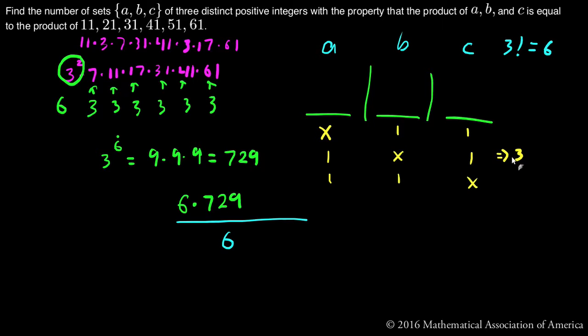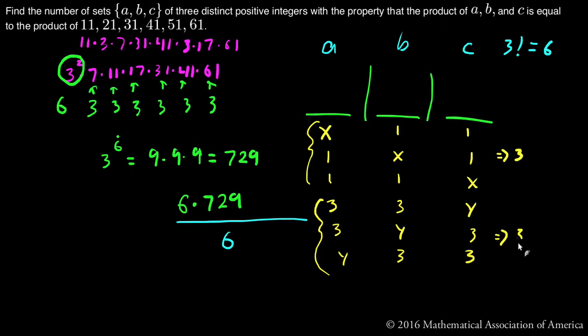And the same is true for when I have the 3's spread out without anything else. If this is just 3, 3, and those are the only factors that get sent to A and B, and everything else is sent here, or 3, y, and 3, or y, 3, and 3. These don't show up 6 times, they show up 3 apiece.